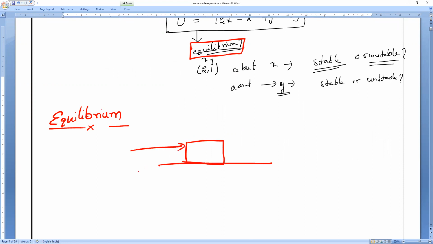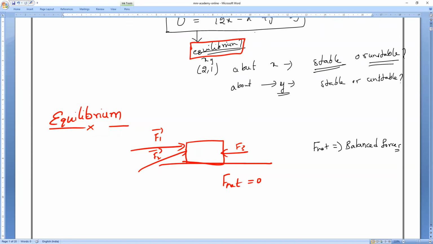Two forces are acting on it, let me take F1 and F2, and there is another force acting, F3. Now if F net is equal to 0, we all know from 9th class that F net equal to 0 means balanced forces. Am I right or wrong, everybody?